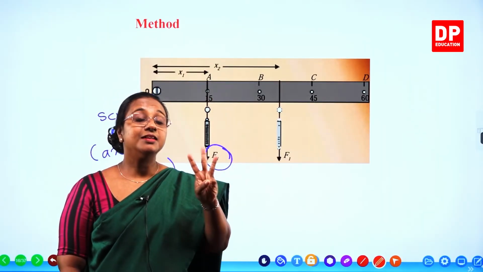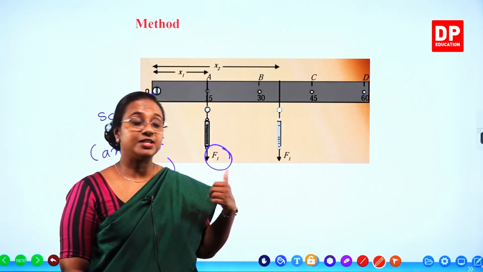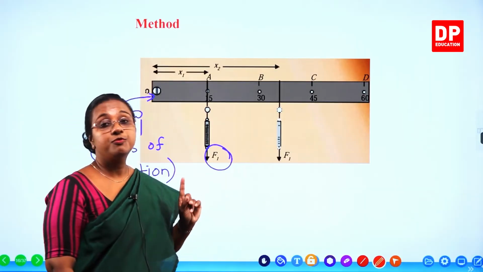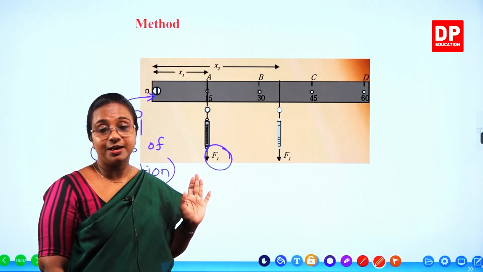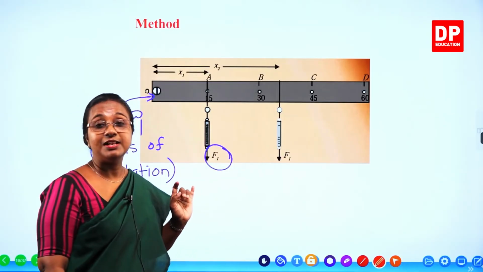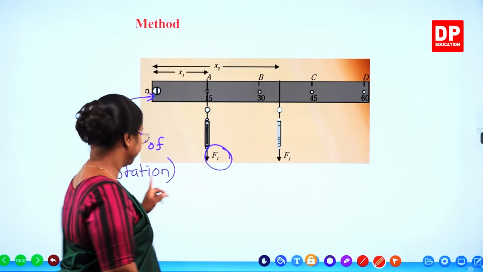So you will get 3 readings, x1, x2 and x3. So x1 is anyway marked 15 centimeters and you have the force fixed value, that is F1. That is the method. Now again we will try to go through the method and understand the activity.